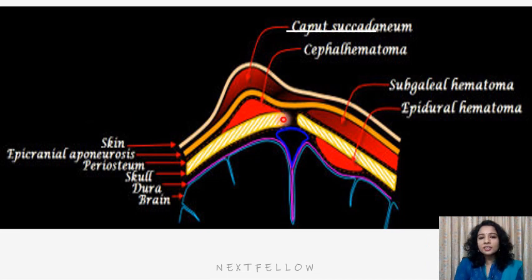Here we can see a schematic image, again for understanding the various types of blood collection. Caput succedaneum is the collection of fluid in the subcutaneous tissue, that is subcutaneous edema, which is common in the occipital region, and it occurs due to parturition, that is, it is a common trauma during passage of the head through the birth canal and due to interference of venous return.